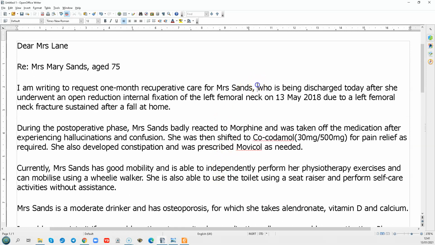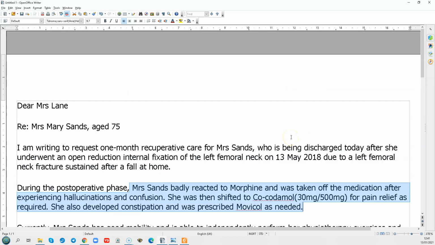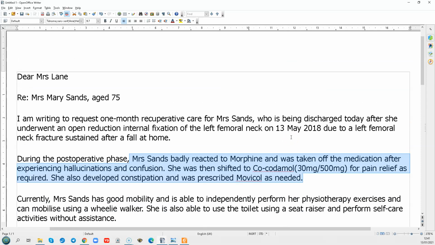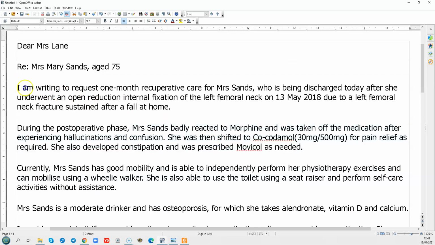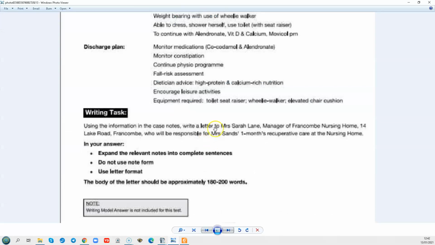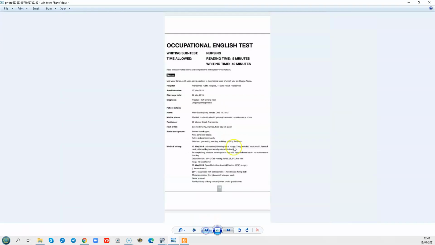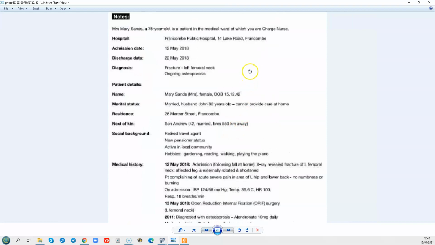There's lots of medical information here, which they probably don't really need. They don't need all this information or detail, or they certainly don't need it this high up in importance in the letter.